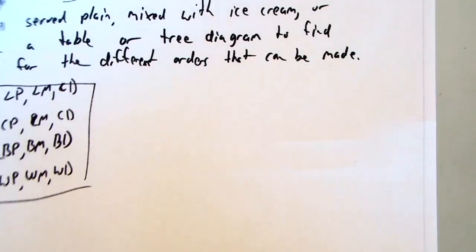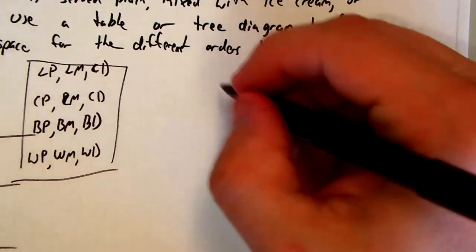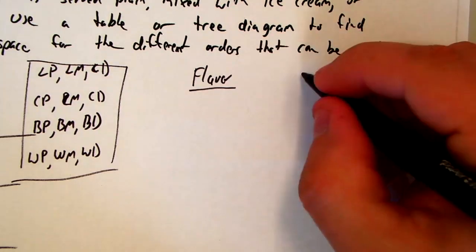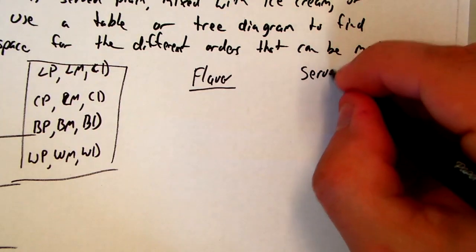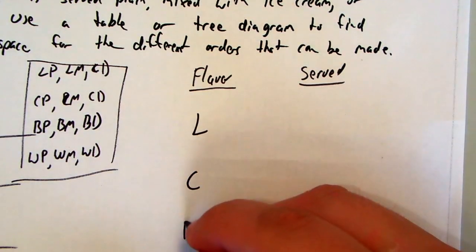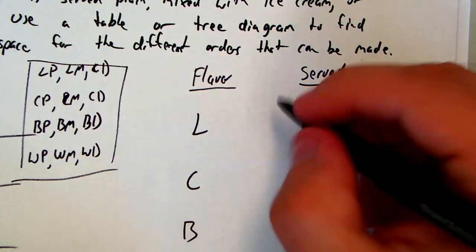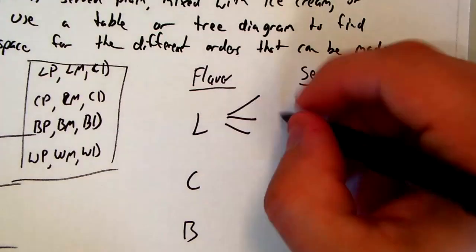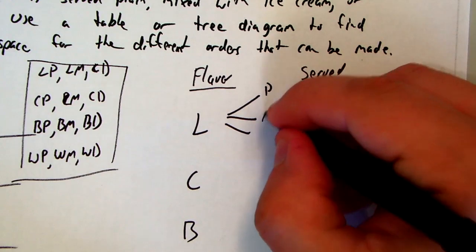If we used a tree diagram, I would still want to do the same kind of process, flavor and how it's served. It's going to look very similar. The only difference is, instead of it looking like a table, it's going to look kind of like a tree.